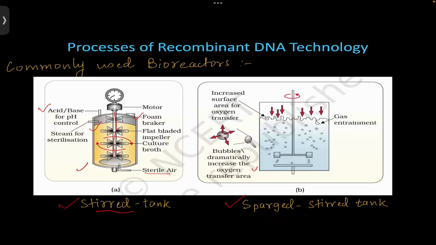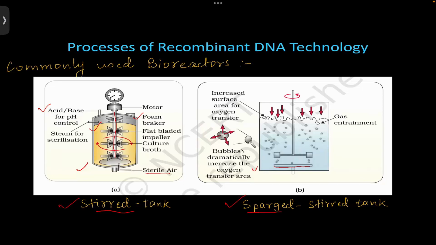How is the sparged tank different? Here there is a section through which oxygen is bubbled into the media or the culture broth, within the contents of the bioreactor.